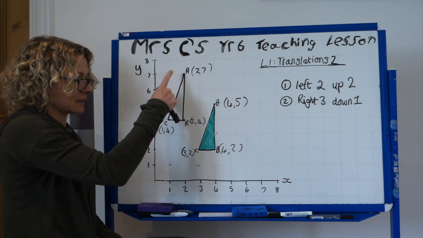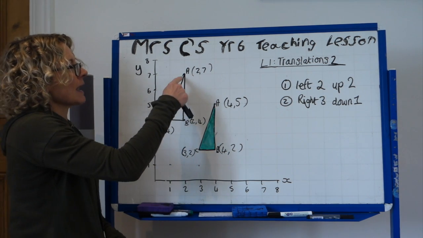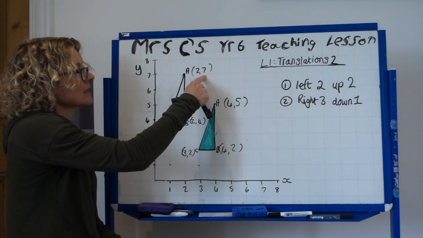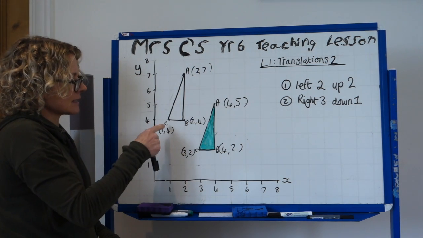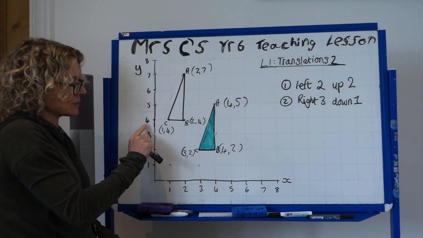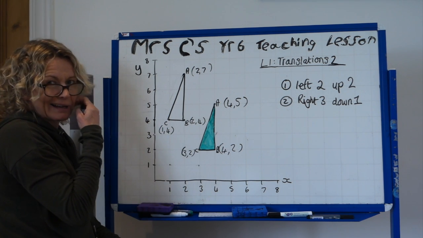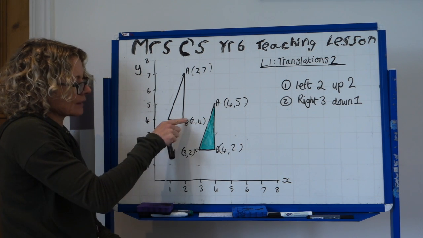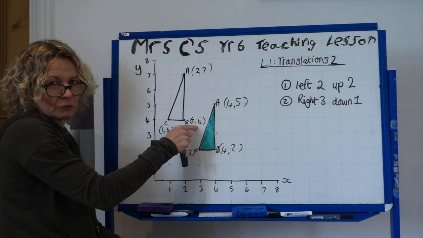So A, in through the hallway and up the stairs, 2 on the X, 7 on the Y. C, in through the hallway, 1 on the X, and up the stairs, 4 on the Y. And then B was in through the hallway, 2, and up the stairs, 4 on the Y.